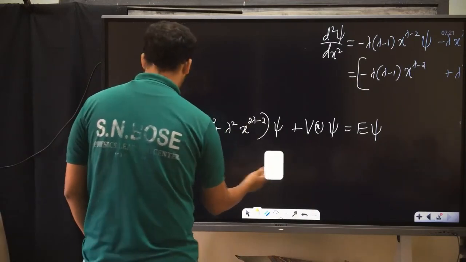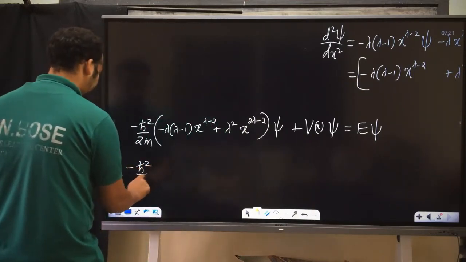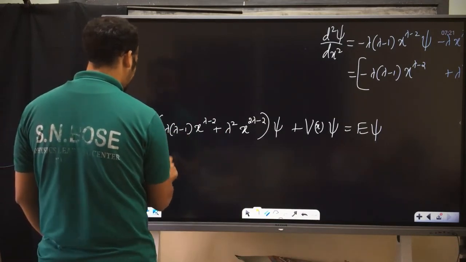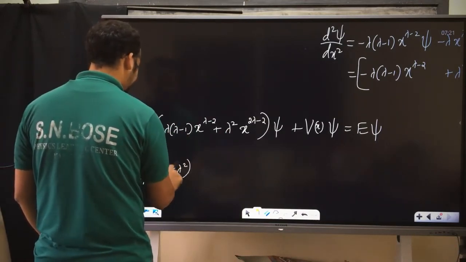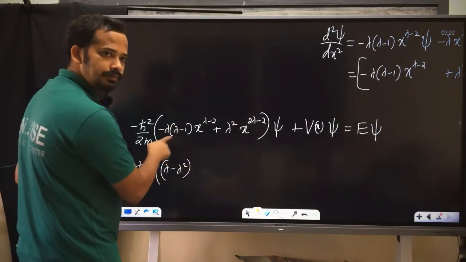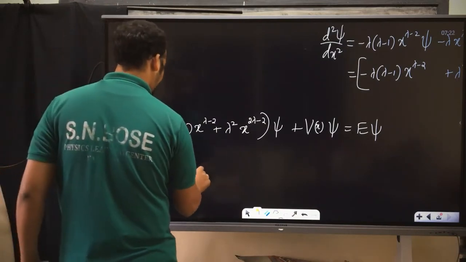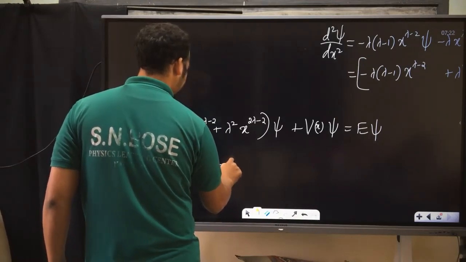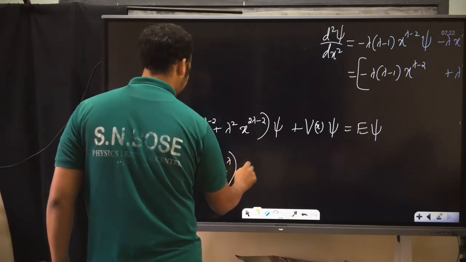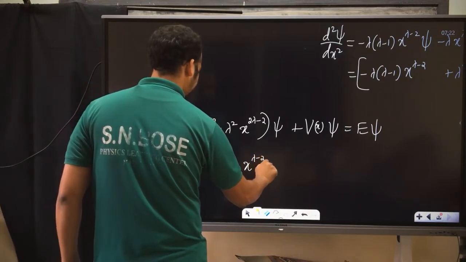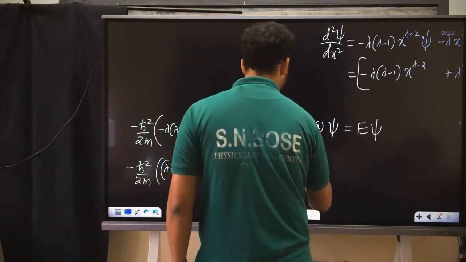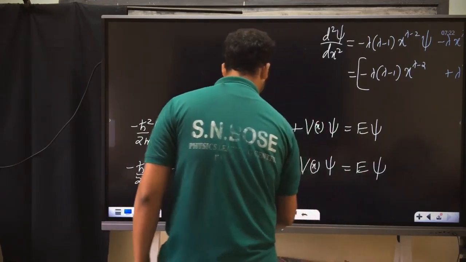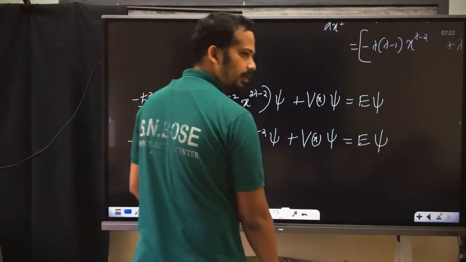So minus h bar square by 2m, what can this one be written as? Lambda minus lambda square plus lambda square x power lambda, times x power lambda minus 2 psi, plus v of x psi, that's equal to e into psi.